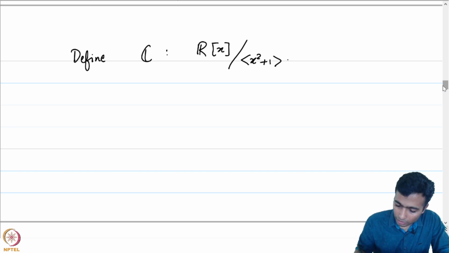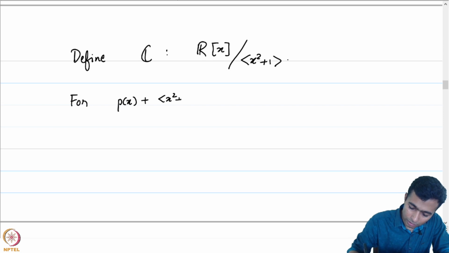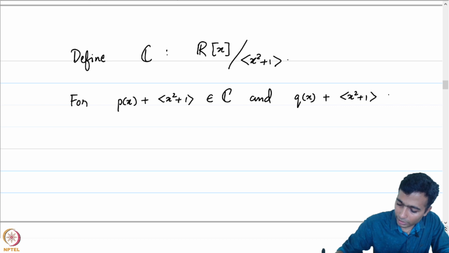Let me write the operations down. So for the cosets p of x plus the ideal x square plus 1 in C and q of x plus the ideal x square plus 1 in C.